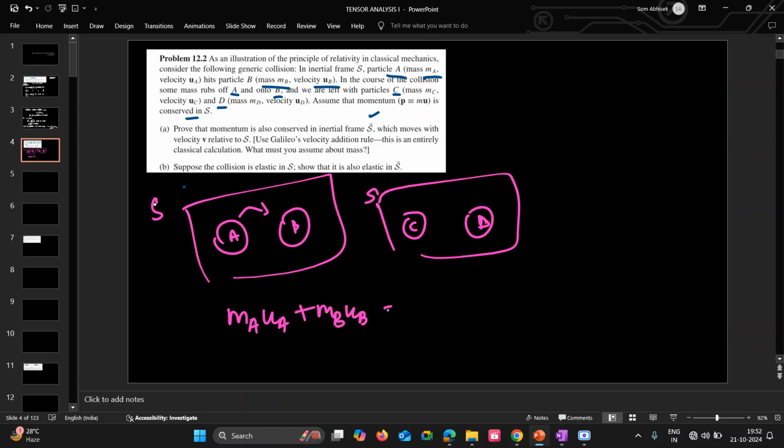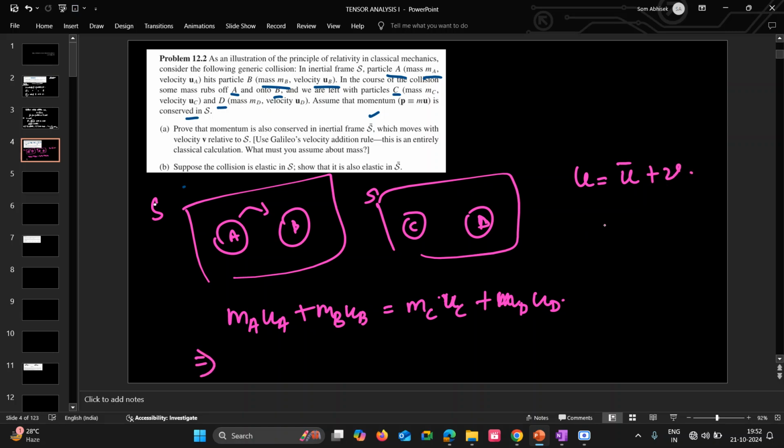Momentum before collision is equal to momentum after collision. Okay. So we know U is equal to what? U bar plus V. So we can do it here.